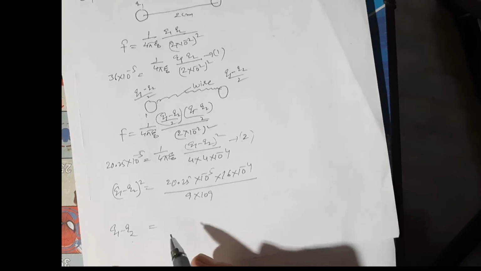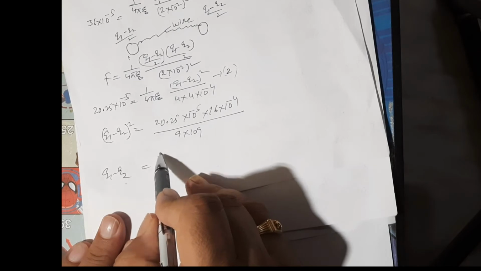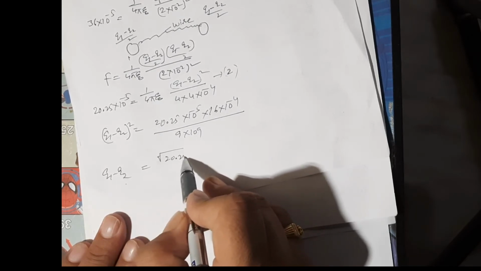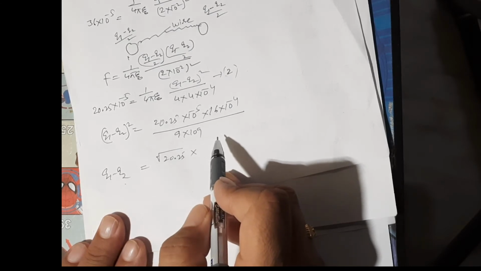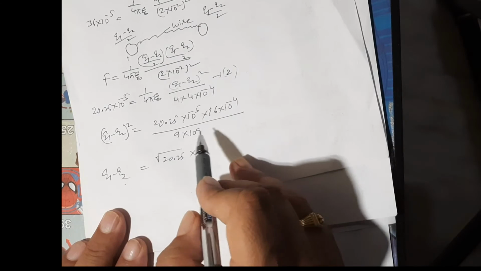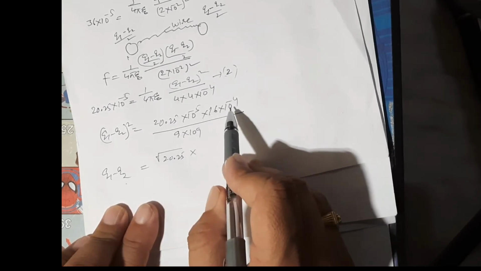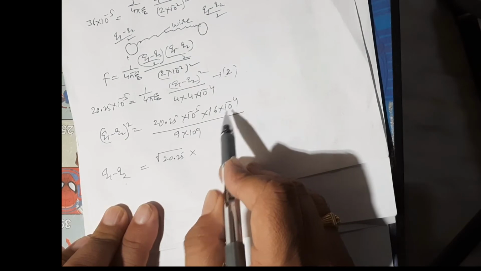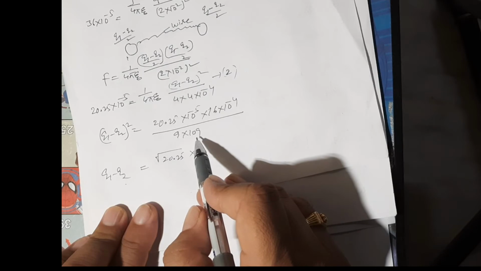Now Q1 minus Q2 is equal to square root of 20.25 into, write the direct step, 10 to the power of minus 5, 10 to the power of minus 4, 10 to the power of minus 9, and 10 to the power of 9 is in the denominator.